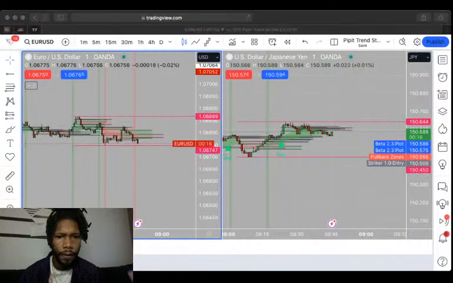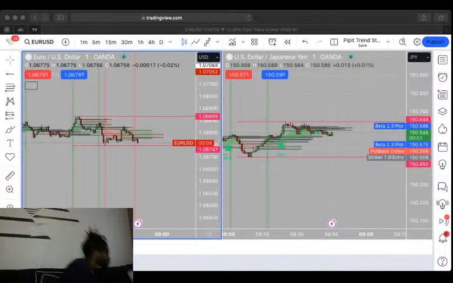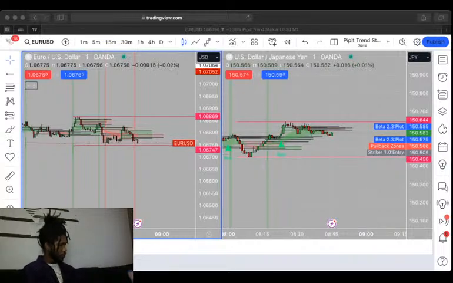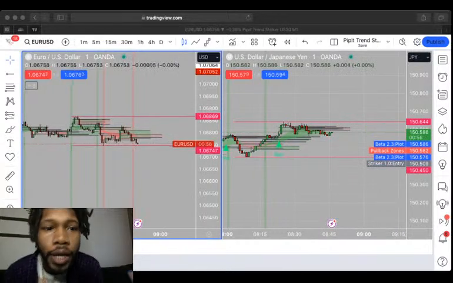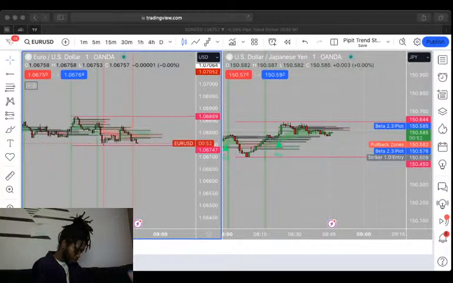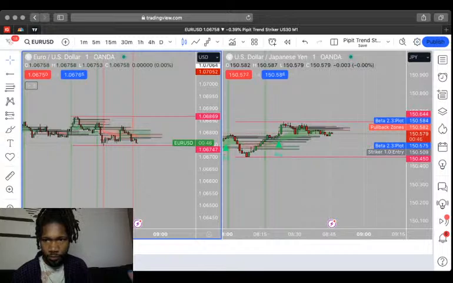Let's see. I'm going to pull up my trusty laptop where I actually place my executions. I'm going to get my station and my terminal set up, and get ready to take some positions.